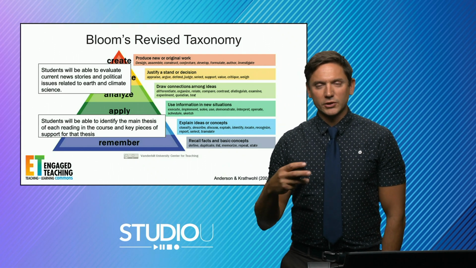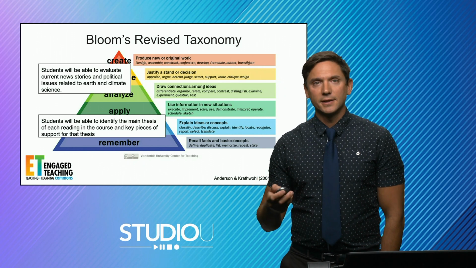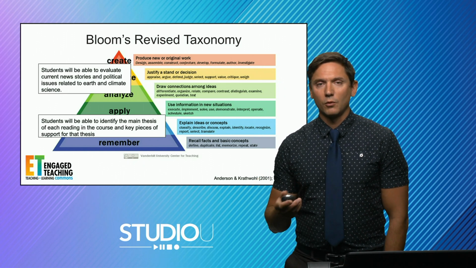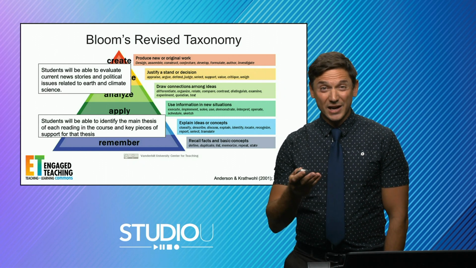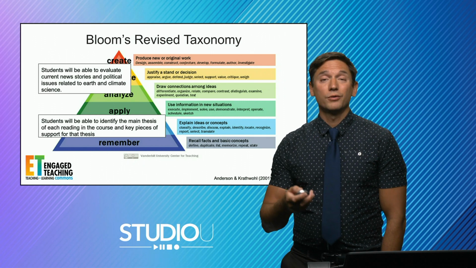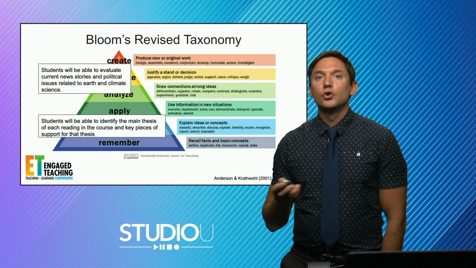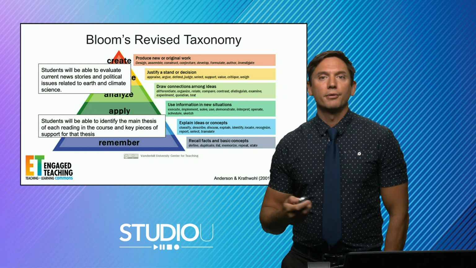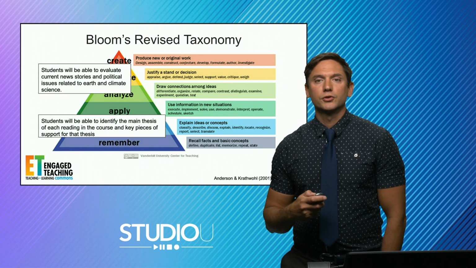Bloom's taxonomy adds different levels of complexity, and it's important to understand that whether you're asking your students to engage at the remember or the create components of Bloom, it's not good or bad. It's just appropriate for that particular level of study and considering who your students are as well.